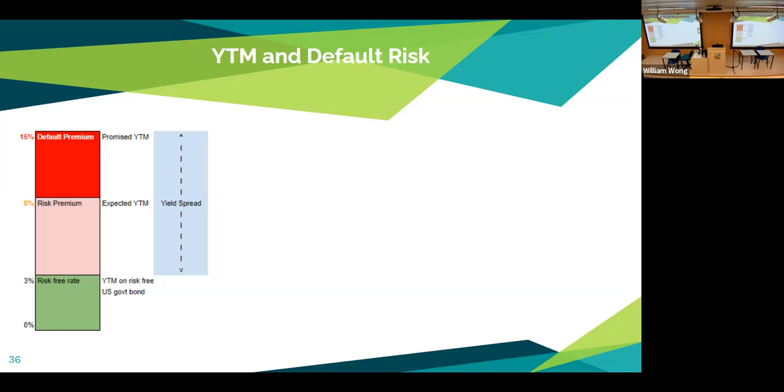But along the pink zone, you have more and more risky companies. The higher the risk, the more the risk premium.